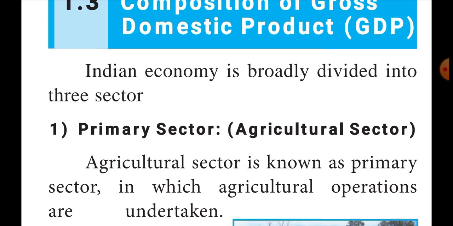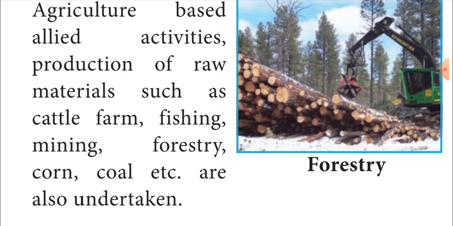For example, the production of raw materials such as cattle farming, fishing, mining, forestry, corn, and coal are all undertaken in the primary or agricultural sector.